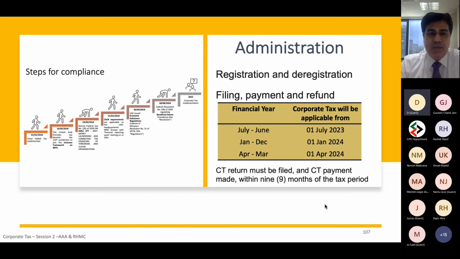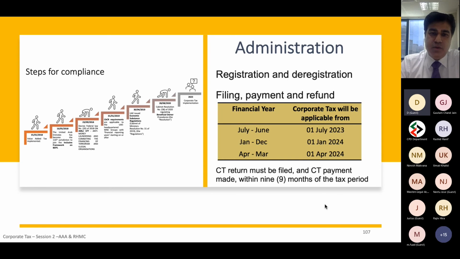The inclusive framework of BEPS came into place. 2018-19, the AML CFT framework came up. 2019, CBCR reporting came. 2019 again, economic substance came, and 2020 beneficial ownership started picking up, and then corporate tax. 2023 corporate tax is going to highlight a very big story. So there are going to be further sections.